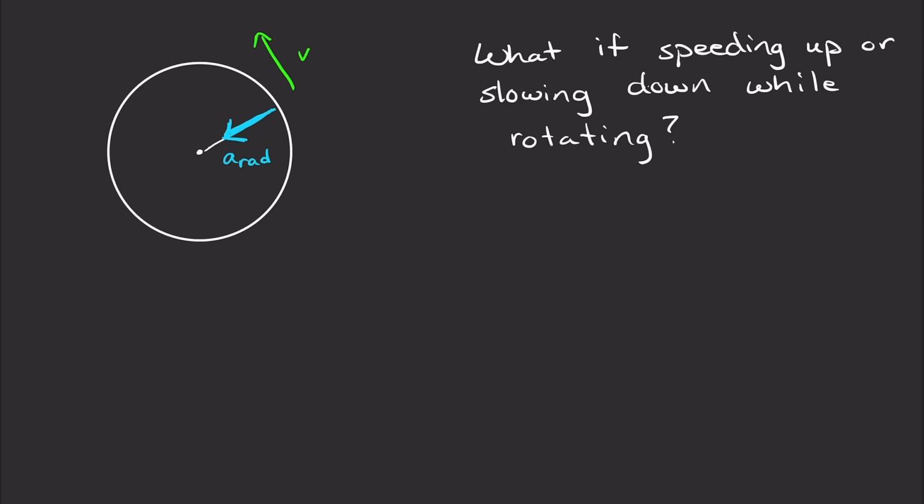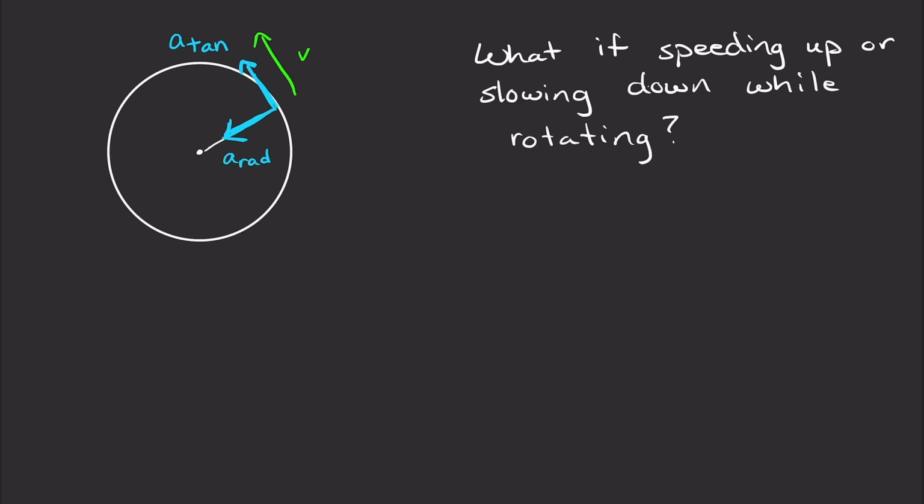But if our tangential velocity is increasing because we're speeding up, then that must mean that there is a component of acceleration that is in the same direction as our tangential velocity. So we'll call that a tangential acceleration.